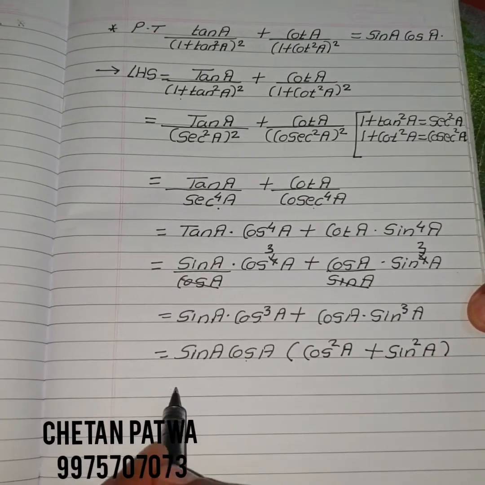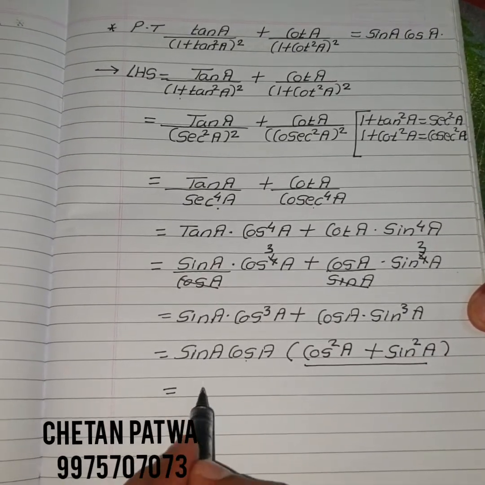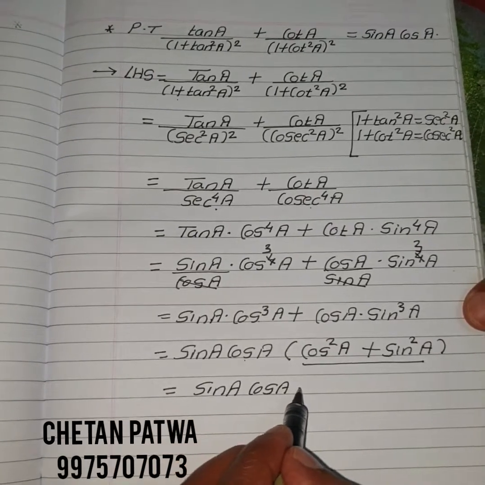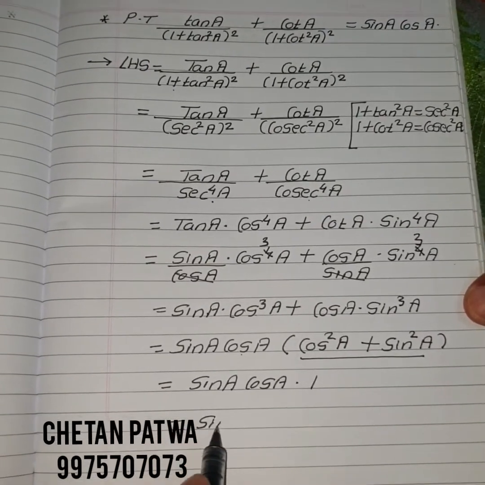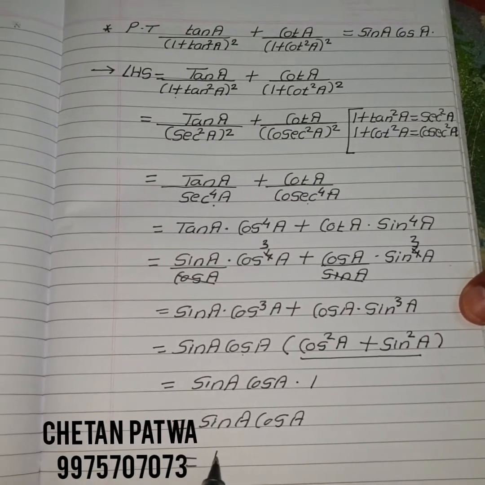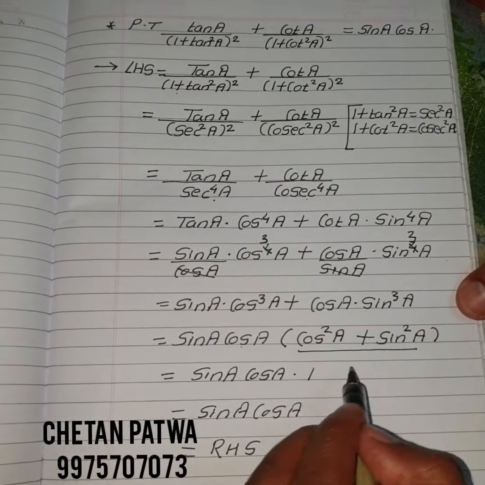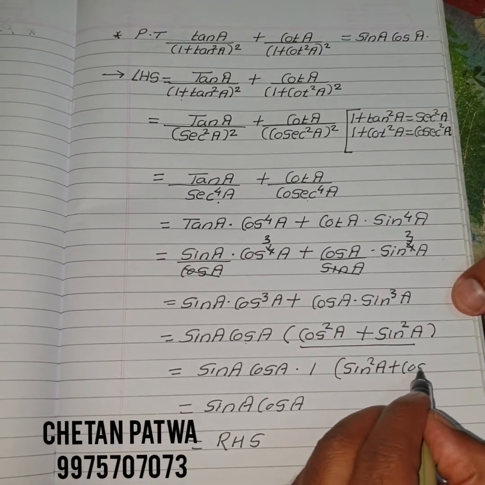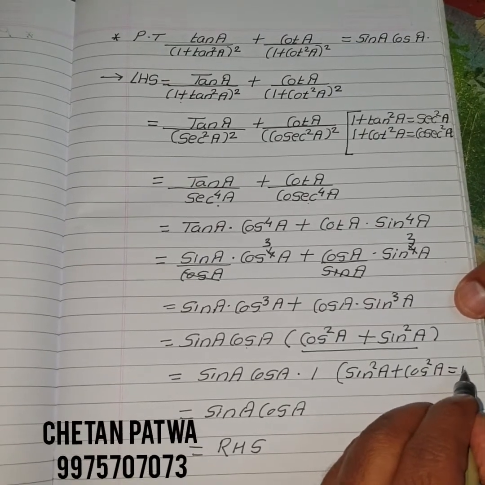Sin square. Now what is cos square a plus sin square a? 1. Sin a cos a into 1. That is equal to sin a cos a. That is our right hand side. In this step we have applied the formula sin square a plus cos square a is equal to 1.